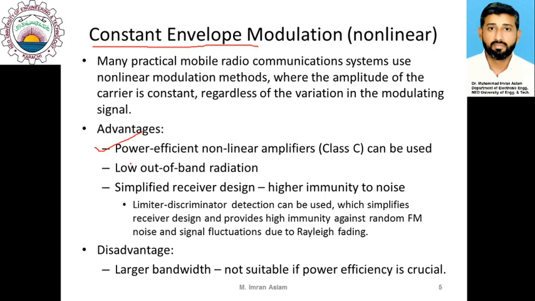Second big advantage of using such a scheme is that these non-linear amplifiers provide low out of band radiation. So because of the low out of band radiation, we generally do not see a significant amount of interference coming from co-channels and adjacent channels.